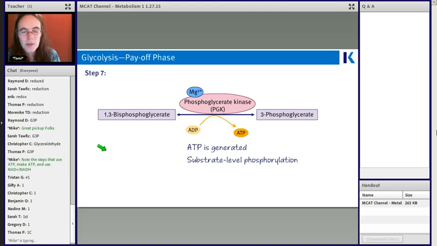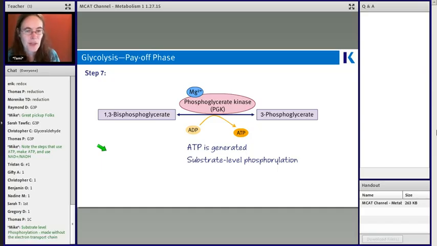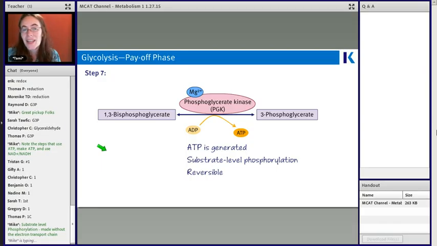Anytime we're doing it to a substrate, anytime that we are not using the electron transport chain, this is my substrate level phosphorylation. Okay? And the final thing we need to know about this is, unlike the other kinases, this is actually a reversible reaction. So this is the first kinase that we have seen today that is a reversible reaction. And it's important to know.